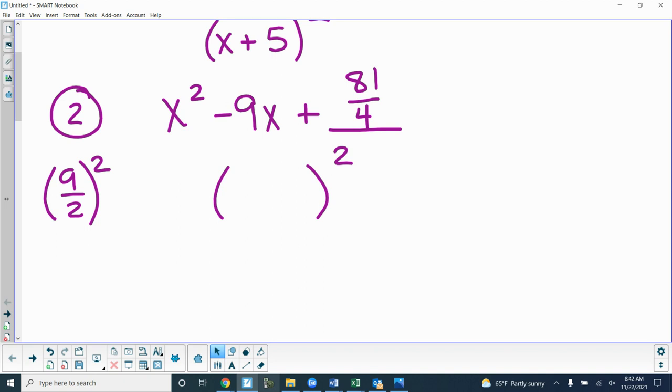So again, I take the square root of the x squared, the symbol in front of the b, which is minus this time, and then the square root of the 81 fourths, which is the square root of 81 is 9 and the 4 is 2. So there's the first two. So tomorrow, if you get an odd one, just write it over 2 and then square the numerator and denominator to fill in the blank.